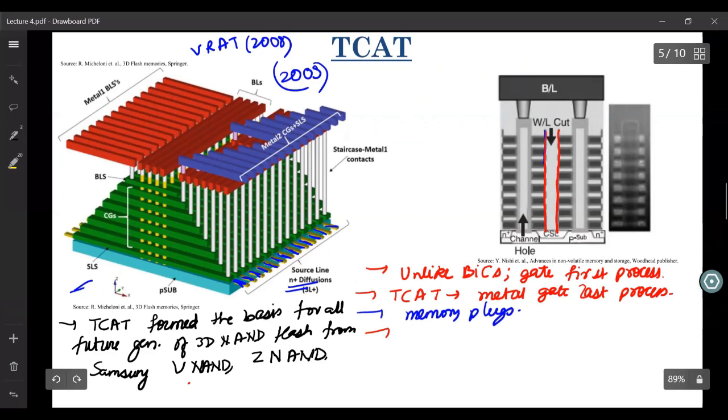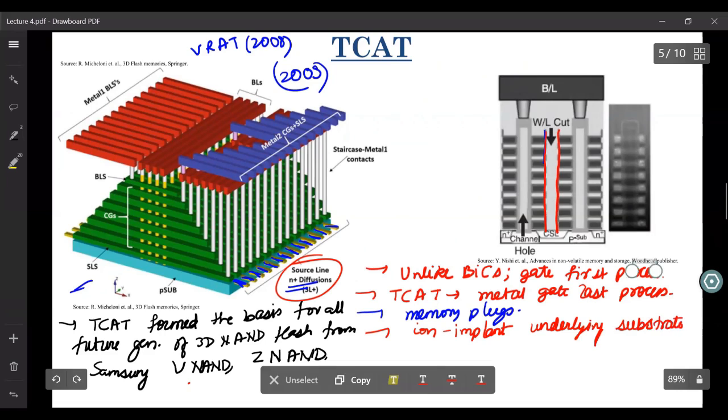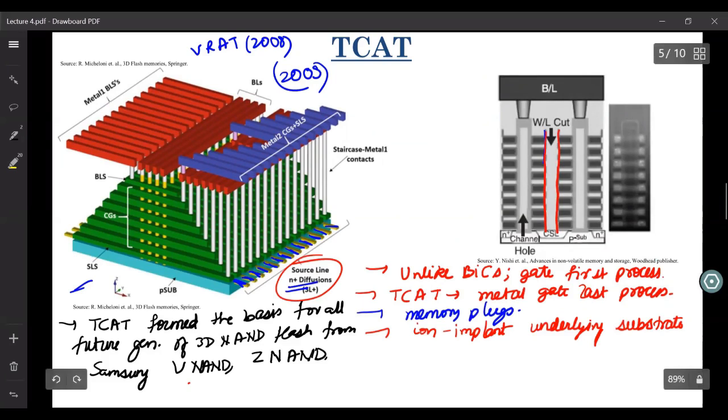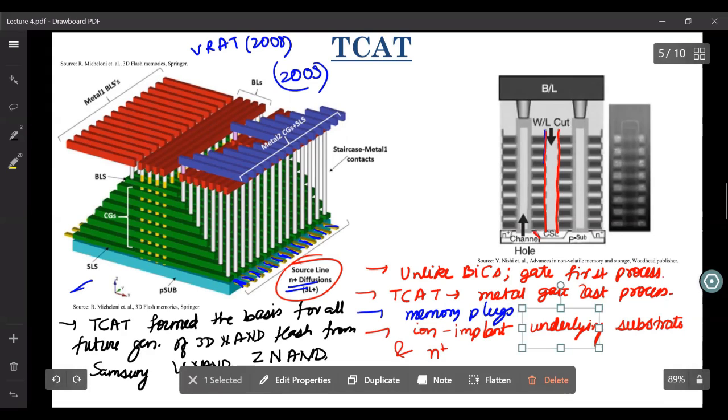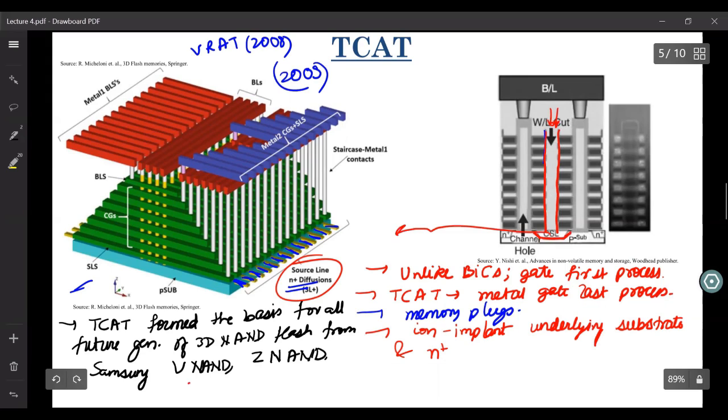How they realize this source line diffusion is they ion implant the underlying substrate and dope it N+. They ion implant through this word line cut and dope this region N+.